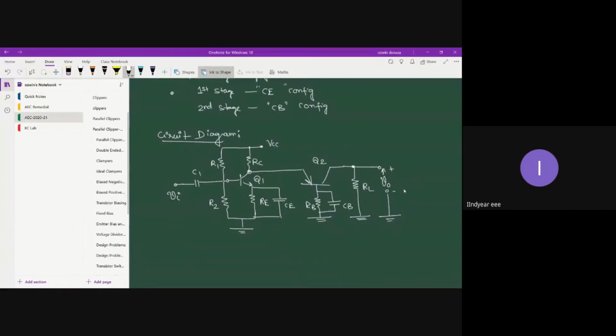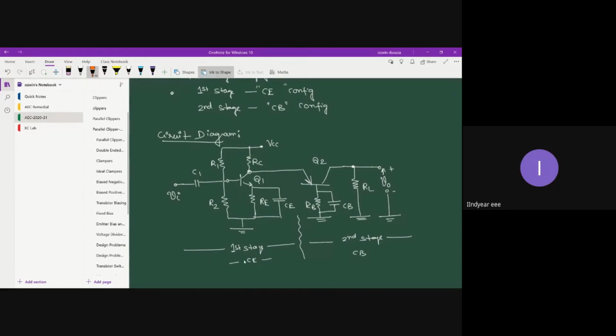Okay, fine. So this is your first stage, the CE stage, and this is your second stage, the CB stage. Now, the main feature of the common base configuration is impedance matching. So first, we can write down the typical impedance values of the respective stages.